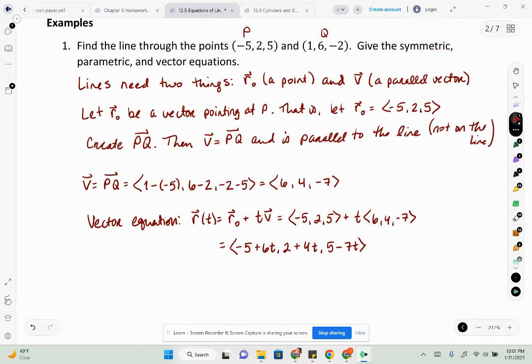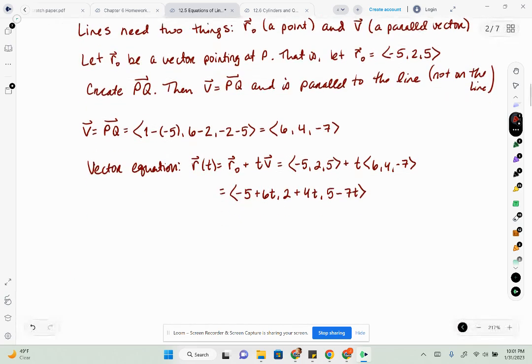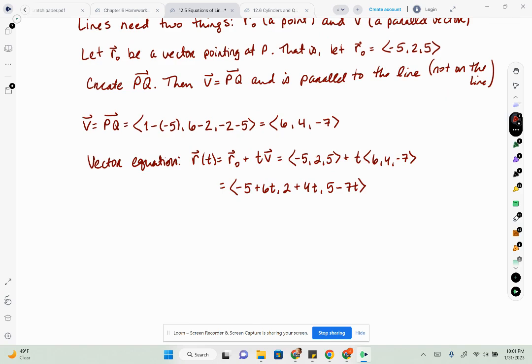We were asked to get the vector equations, parametric equations, and symmetric equations. They actually asked it in the opposite order, and that can be confusing because you actually need to get the vector equation first. Then you get the parametric equations. And the parametric equations are the easiest thing because all we do is take the first component of our vector equation and call it x.